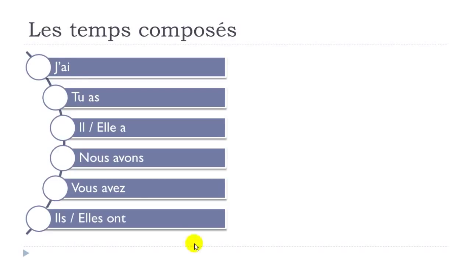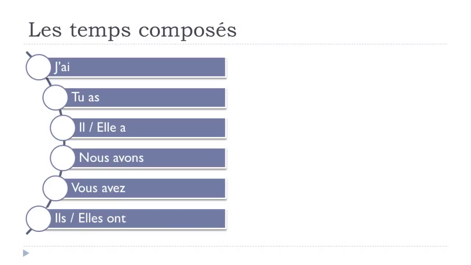Okay, so j'ai, tu as, final S not pronounced, il a, elle a, nous avons, final S not pronounced, and then we make this little link between the two, nous avons, vous avez, a Z at the end will produce this E sound, avez, little link between the two, vous avez, ils ont, okay, final T not pronounced, and then we make the liaison, ils ont, elles ont. Alright, so this is for avoir at the present tense.